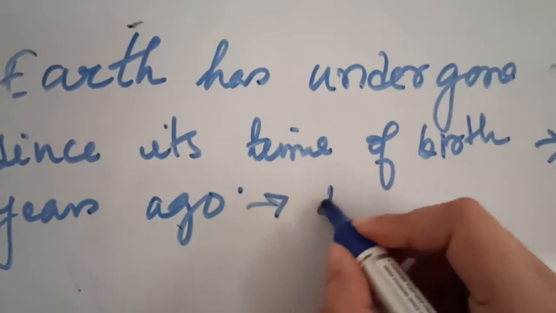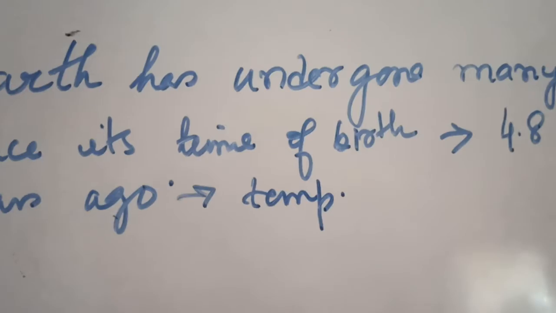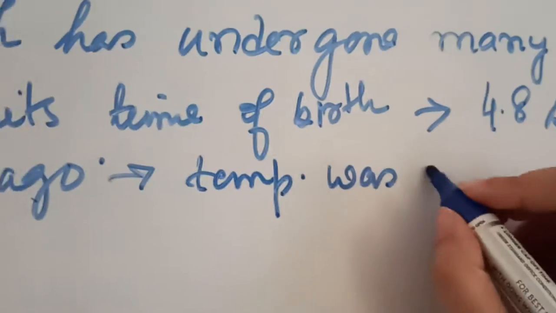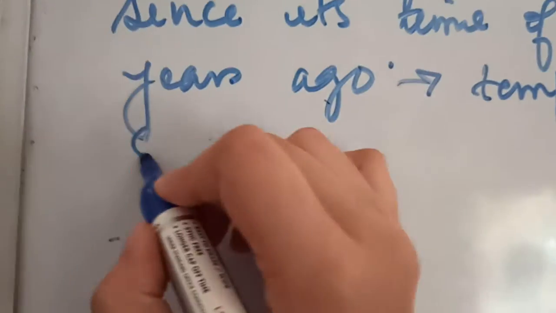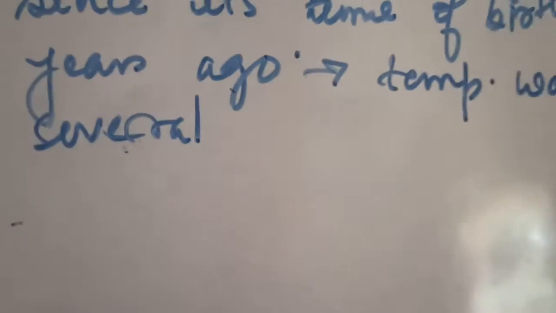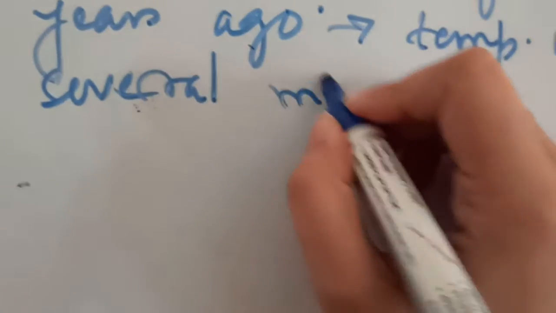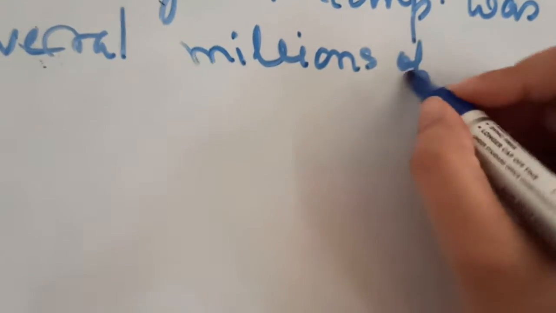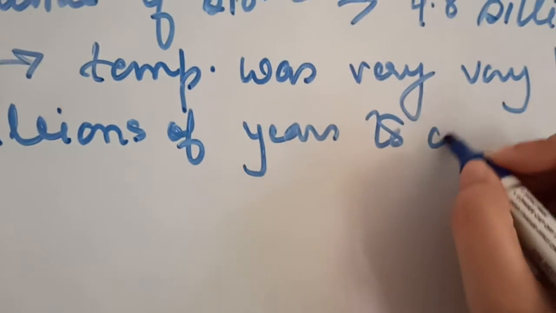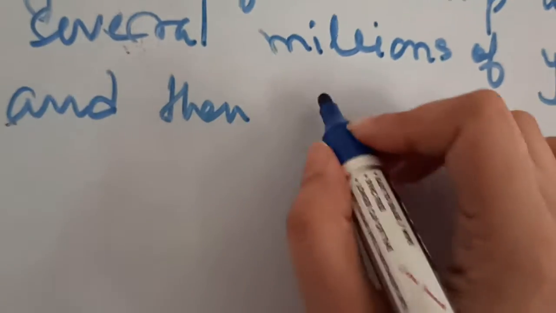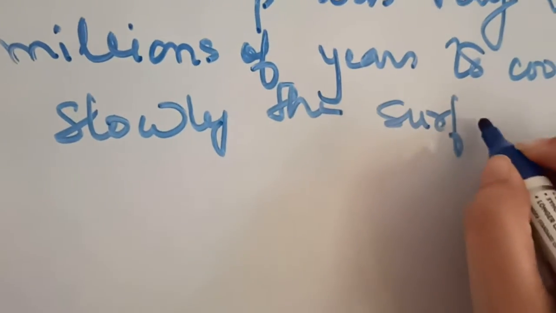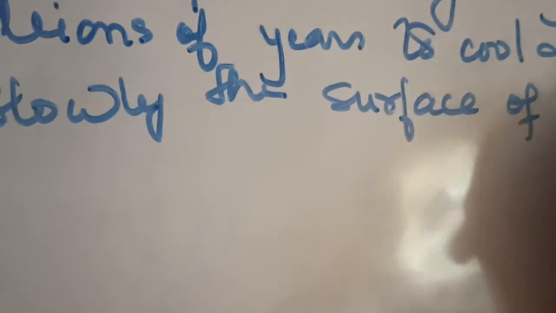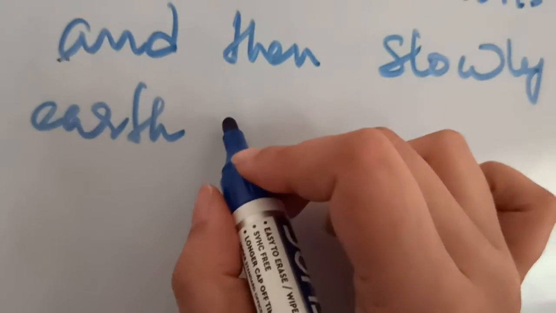Initially, the temperature of the earth was very hot. It took several millions of years to cool down, and then slowly the surface of the earth was formed.